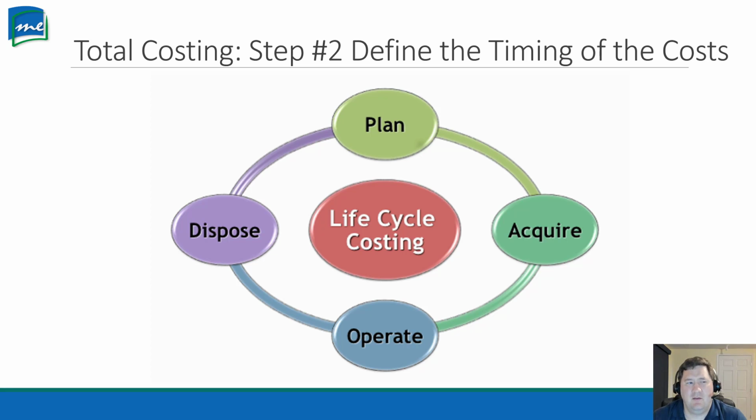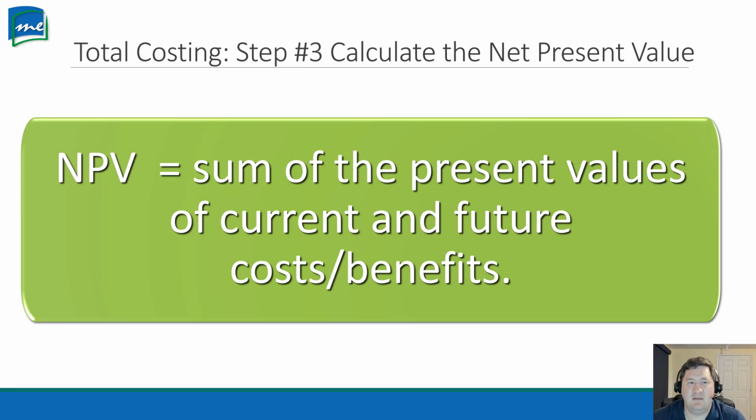But we also have to look at the net present value. So if you look at all the present values of current and future costs and benefits. Let's say you bought a piece of equipment that cost you $1 million. But then over the next 3 years, you have to pay somebody $10,000 to do maintenance on it once every year.